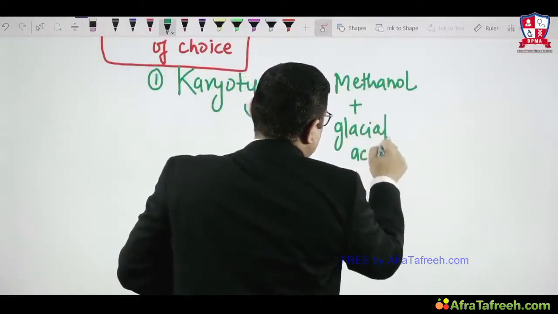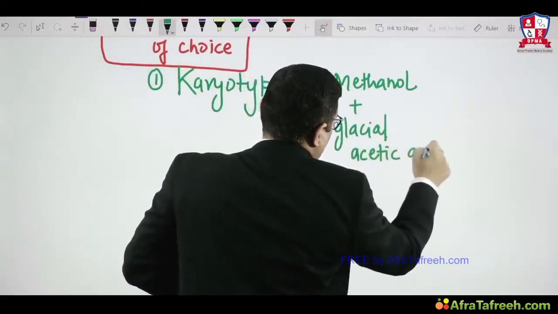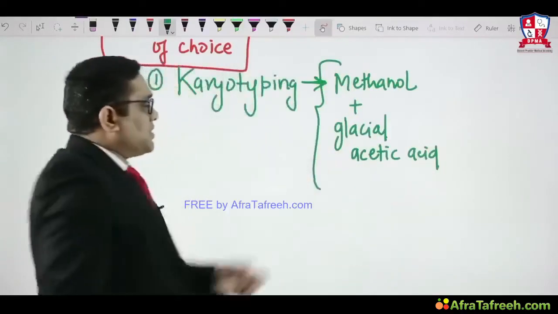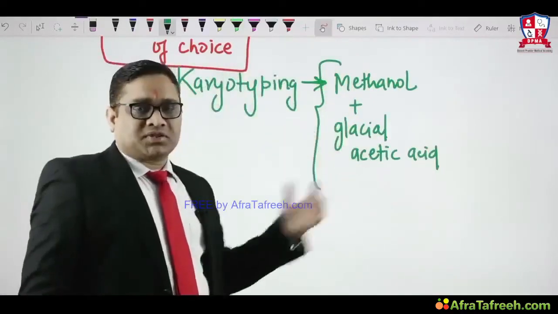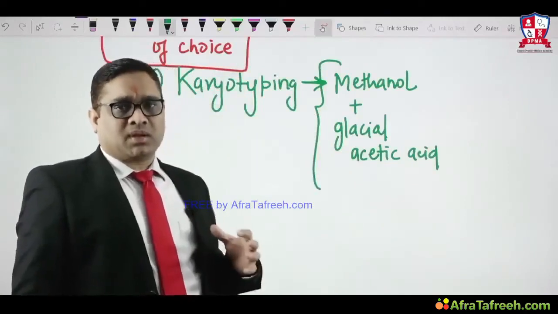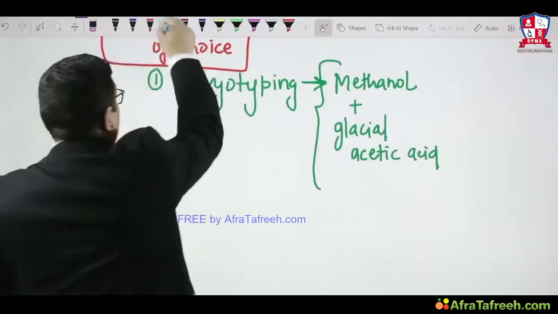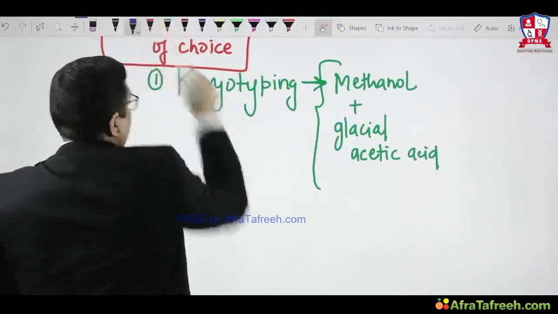Methanol and glacial acetic acid, the fixative of choice for karyotyping, have a commercial name which the examiner can ask in future exams, so that is also important to understand.